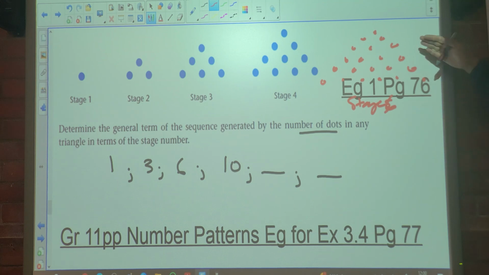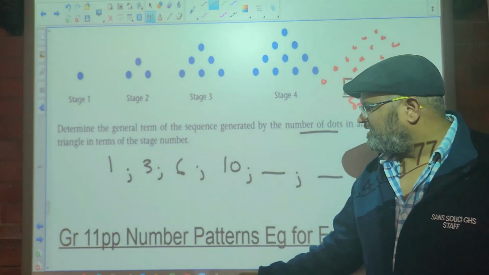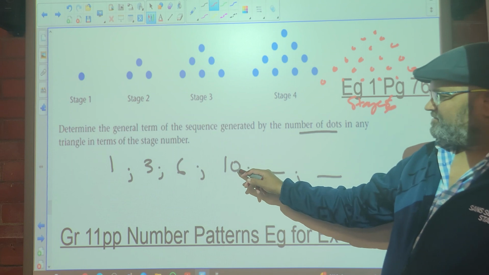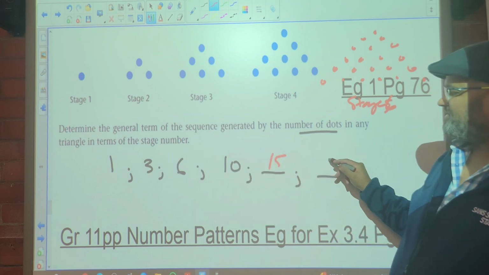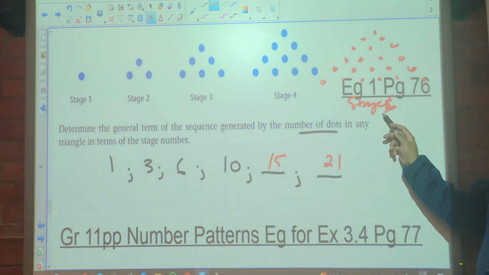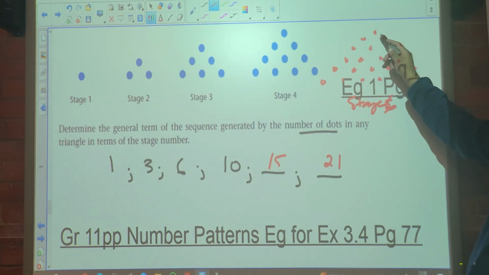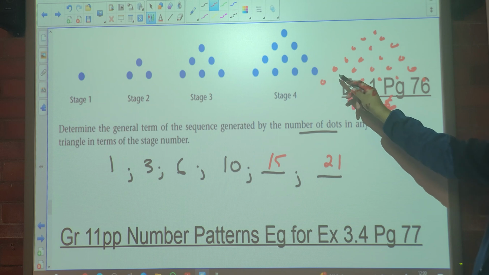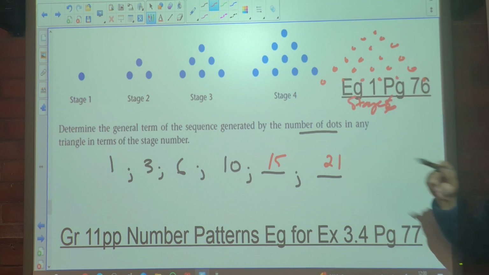Stage 12, the bottom row will have 12 dots. So if the question was, what are the next terms in your sequence, it would be 10, then 15, then 21.